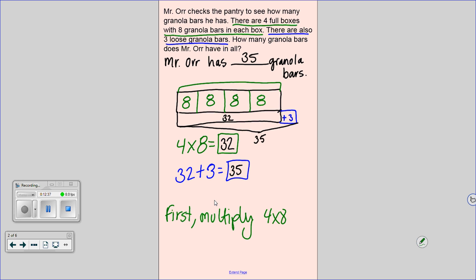I did my 4 boxes of 8. Then what did I do? Santiago? You added. Add what? 32. Good. Then I added 3 to the total.